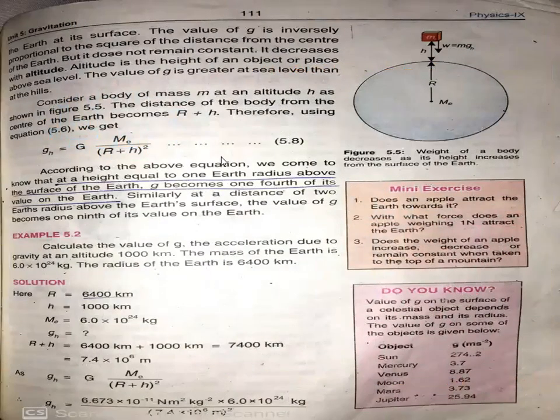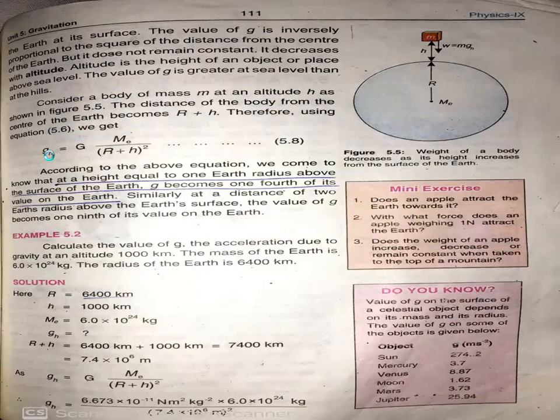This equation 5.6 will change into this, because the body is not lying on the surface of the earth, but it is at some height h. That's why h will be added to r, because the body is lying at some height h. So I am writing gh because the body is not at the surface of the earth.